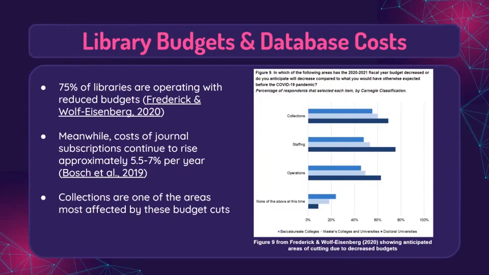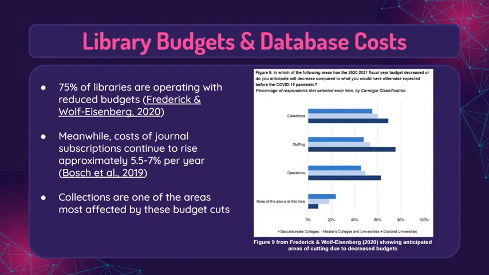Especially in light of COVID, studies have found that about 75% of libraries are operating on reduced budgets. If we look at the picture on the right, we can see that for most libraries, what is being cut the most due to these reduced budgets are the collections themselves, with staffing being second or sometimes equal to operations.